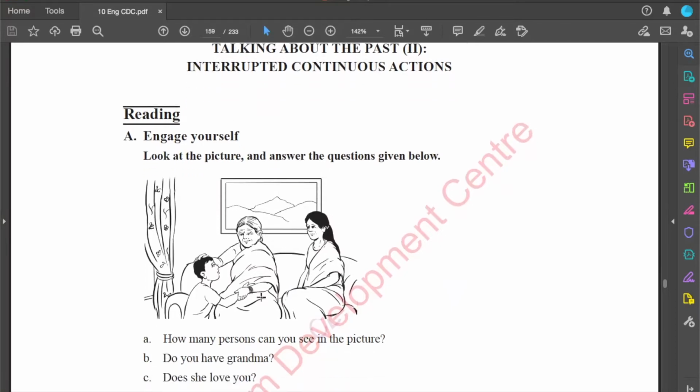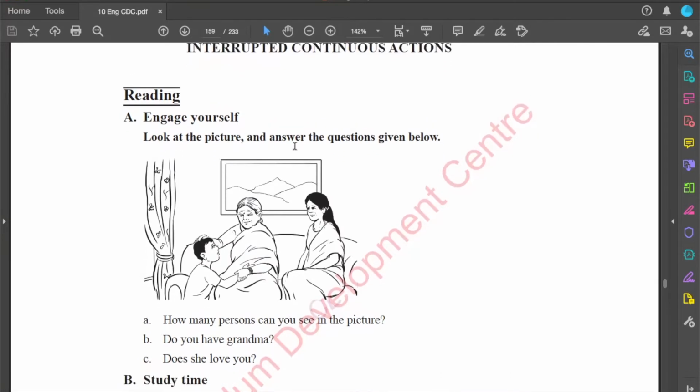Even before entering the main text, we can see some pictures. In the reading part, engage yourself. Look at the picture and answer the questions given below. You can guess.